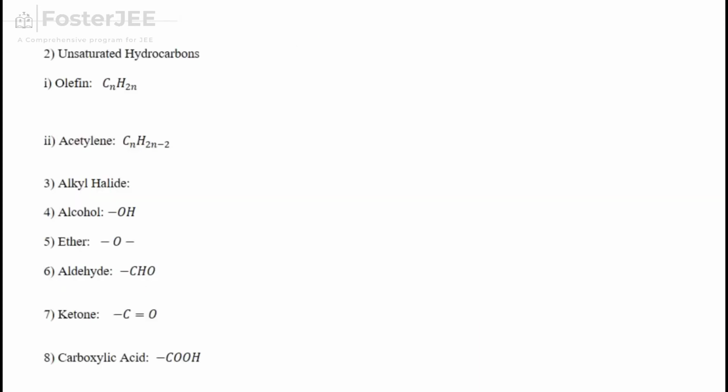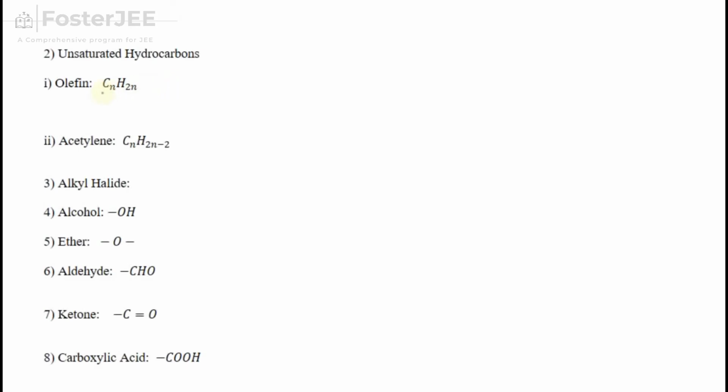Now, the next one is unsaturated hydrocarbons. So, there are two types of unsaturated hydrocarbon. First one is olefin, which are double bonded hydrocarbons. And the second one is acetylene, which is triple bonded hydrocarbons. So, olefins are the double bonded hydrocarbon group having two hydrogen less than paraffin.